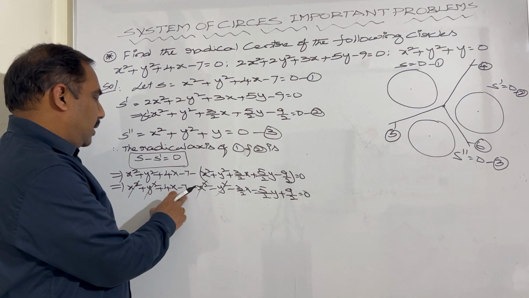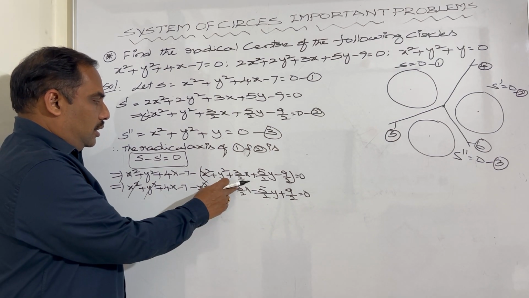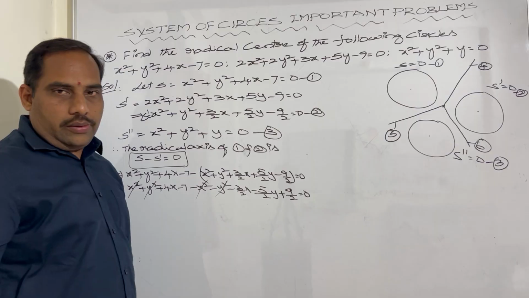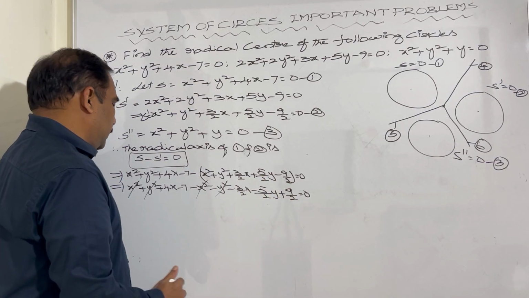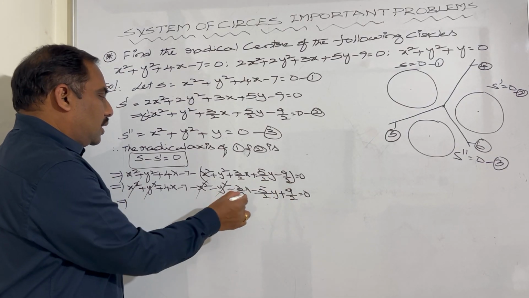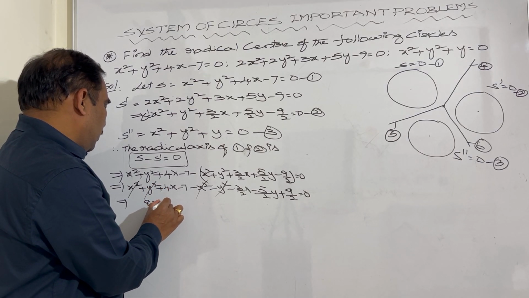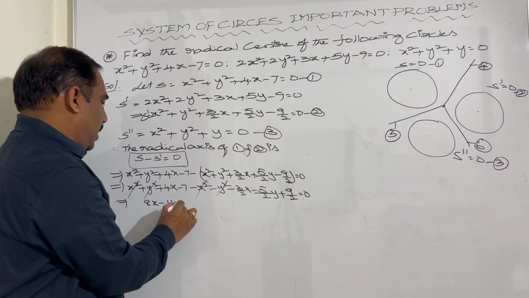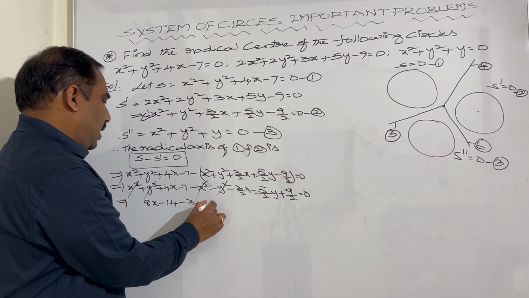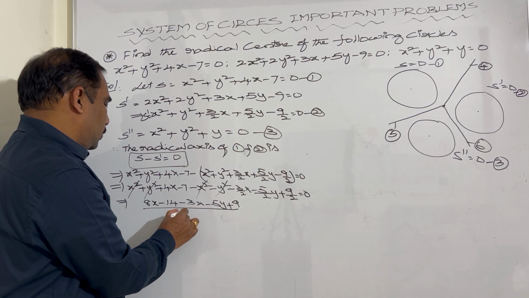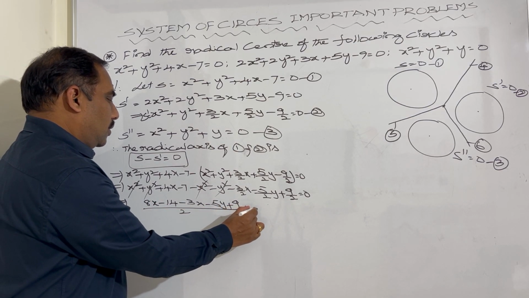Here 4x minus 7 and here minus 3 by 2 into x minus 5 by 2 into y plus 9 by 2 is equal to 0. When you take 2 as LCM, this is 8x minus 14 and minus 3x and minus 5y plus 9, whole divided by 2, which is equal to 0.